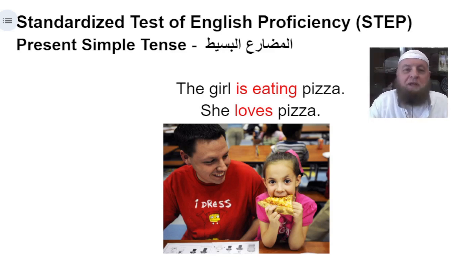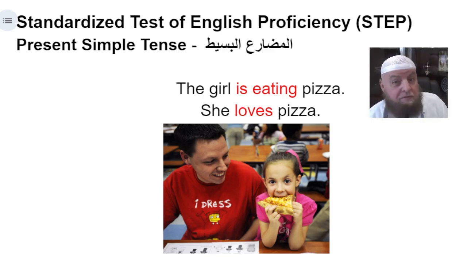However, we say she loves pizza, not she is loving pizza. We use the present simple to talk about things which are repeated, which are habits, or which are generally true.